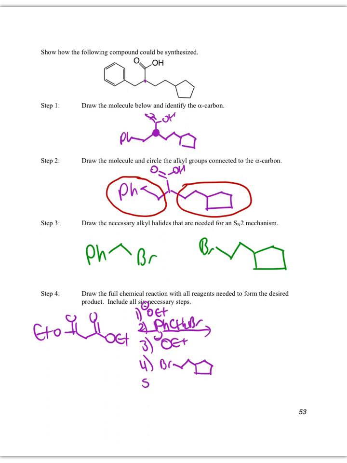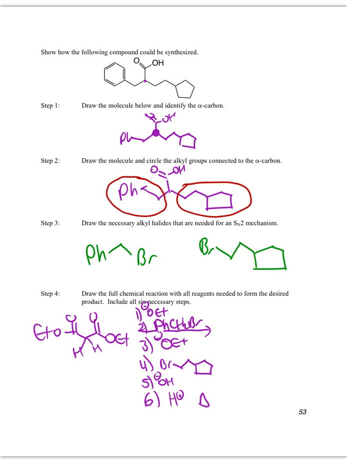And then 5 base. And 6 acid with a wee bit of heat. Okay? And that would get us from the diethyl malonate. The first ethoxide would pull off one of the hydrogens on the alpha carbon, and then we'd add the benzyl bromide, we'd get the benzyl group on there, then we'd add the second ethoxide to pull off the second hydrogen, add the second alkyl halide, and go on from there.